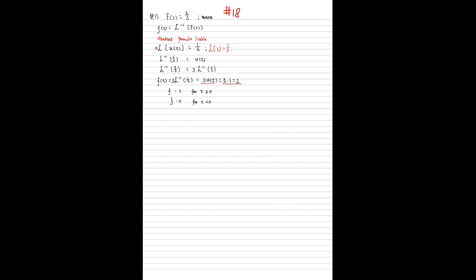Can you show me in the notes? Which page? I can bring up the notes. Well, not from the notes. I found it online. There's a Laplace transform table. Follow the notes, because we are in this class.